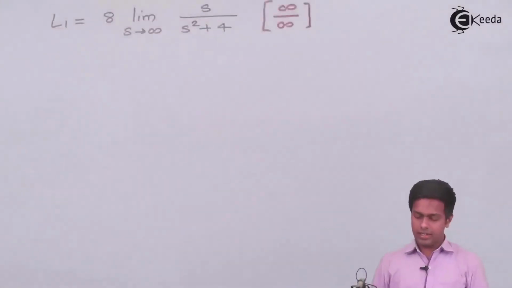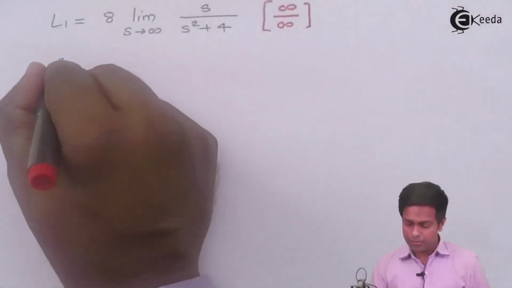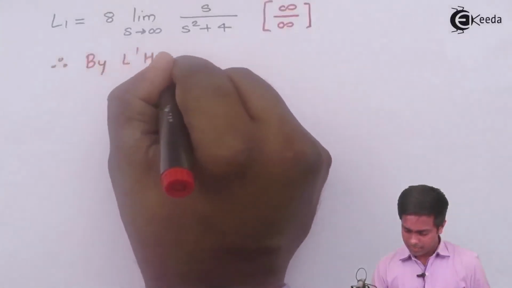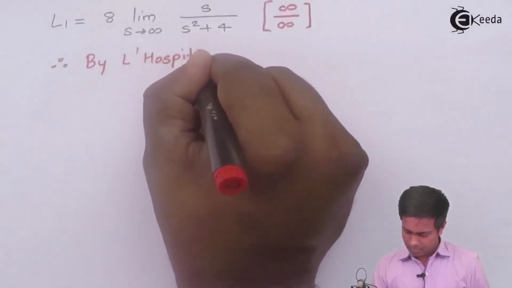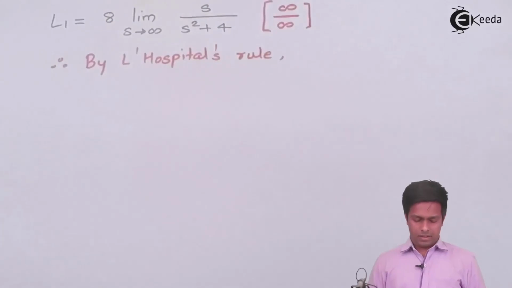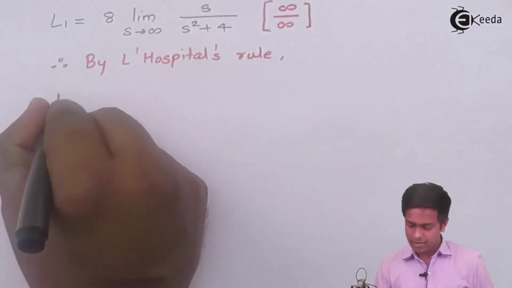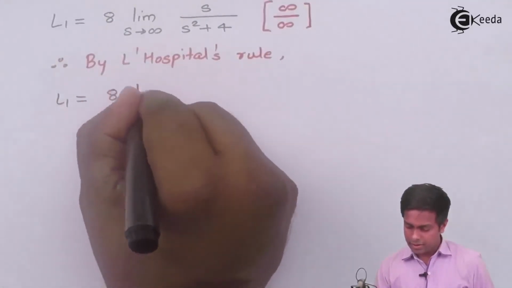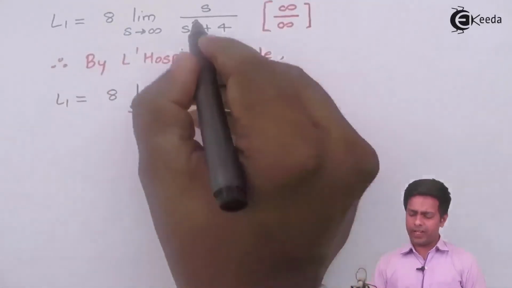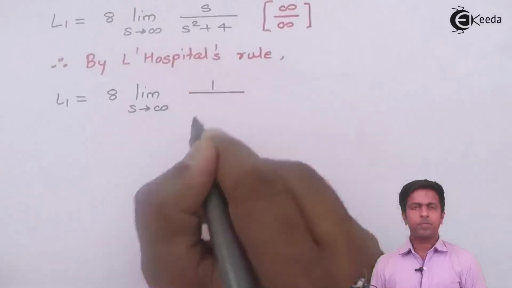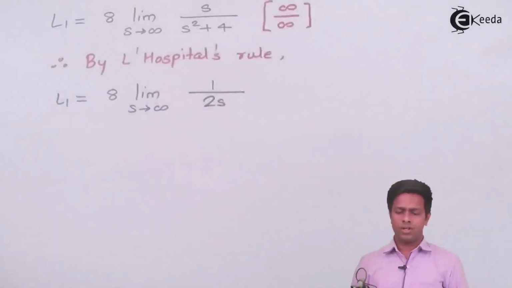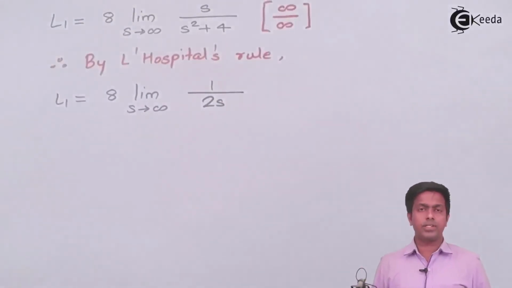So here I'll say, therefore by L'Hopital's rule, we will get L1 as 8 limit s tends to infinity. Now the derivative of s is 1 and derivative of s square is 2s, derivative of 4 is 0. So we got value as 1 upon 2s.